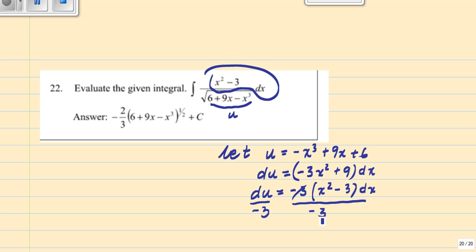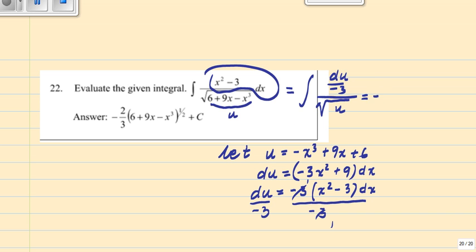So this becomes the integral, x squared minus 3 dx is du over minus 3, divided by the square root of u, which is the same thing.